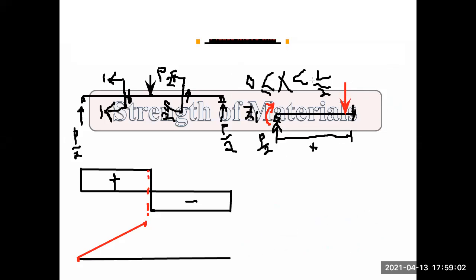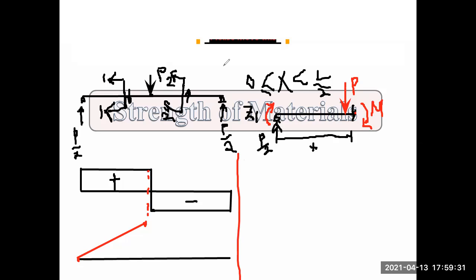This is the force, P. Shear doesn't play any important role here. The section moment, I assume to be clockwise, positive, okay, M is positive. I now establish it for zone 2.